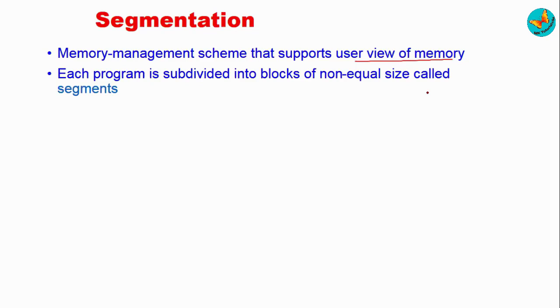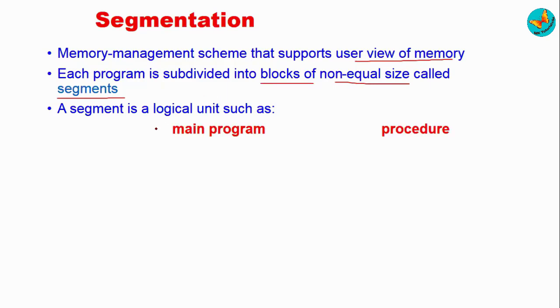Normally any program that you code is divided into blocks of non-equal size, and we call them segments. Basically a segment is nothing but a logical unit. I'll give you an example: your main program could be one segment, and your procedure could be another segment. You people have done coding in C language, isn't it?